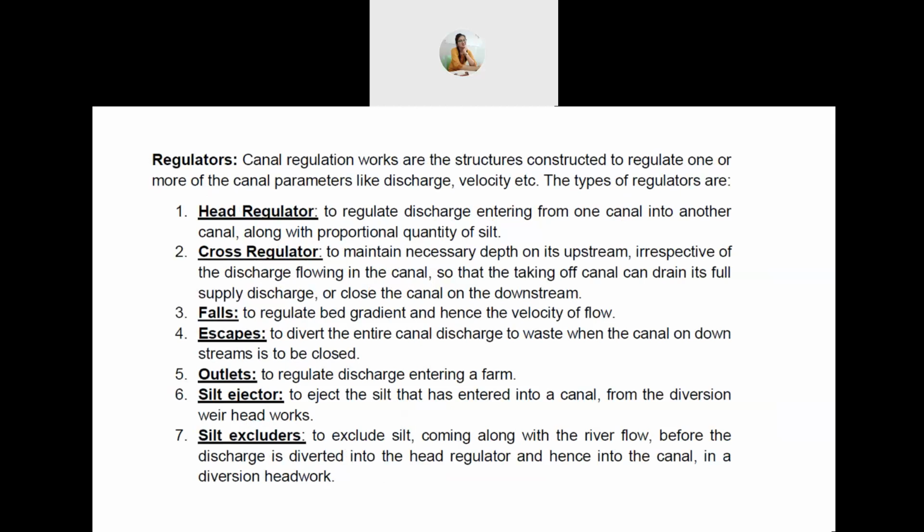It is used to exclude silt coming along with the river flow before the discharge is diverted into the head regulator and hence into the canal in a diversion headwork. For regulators and diversion headworks, I've already shown you 2 to 3 videos, or I think more than that, so you can go back to those videos if you want to relate to any.